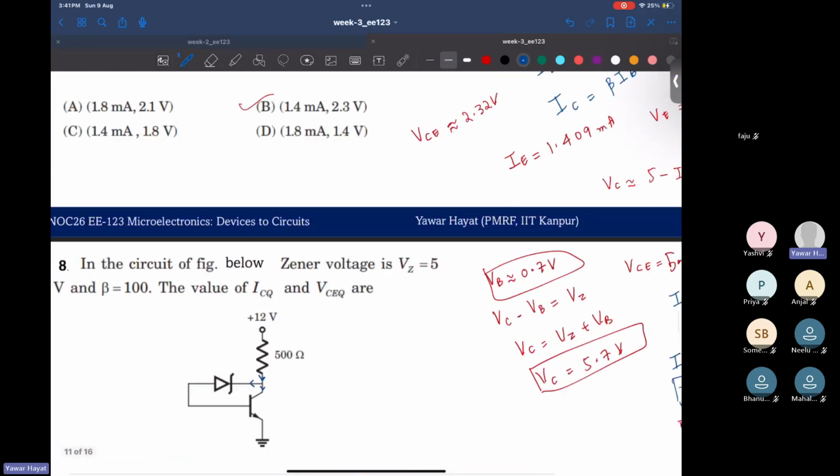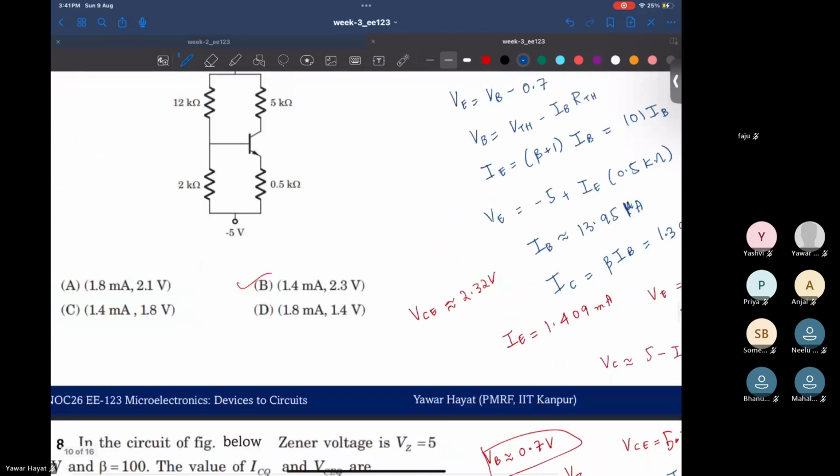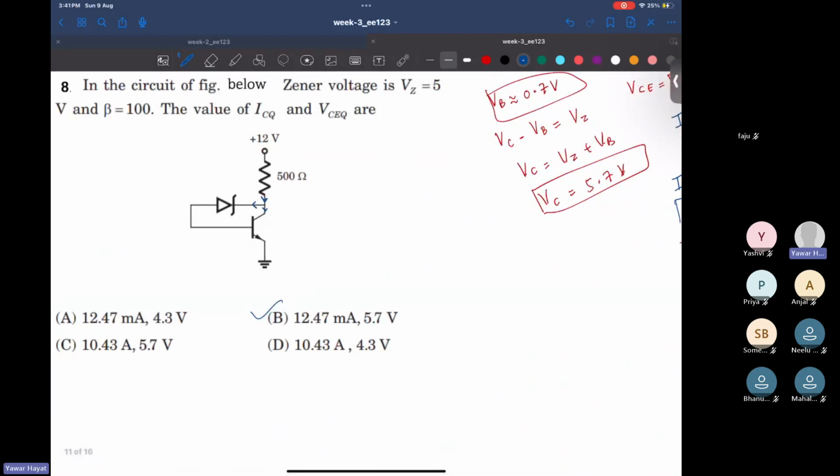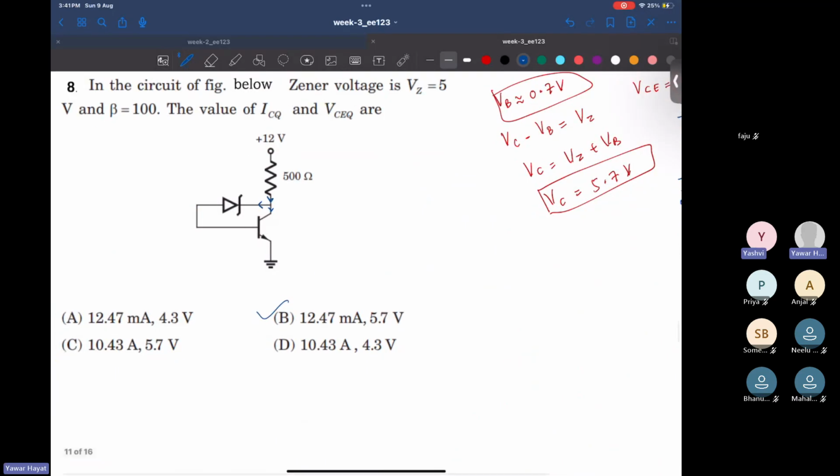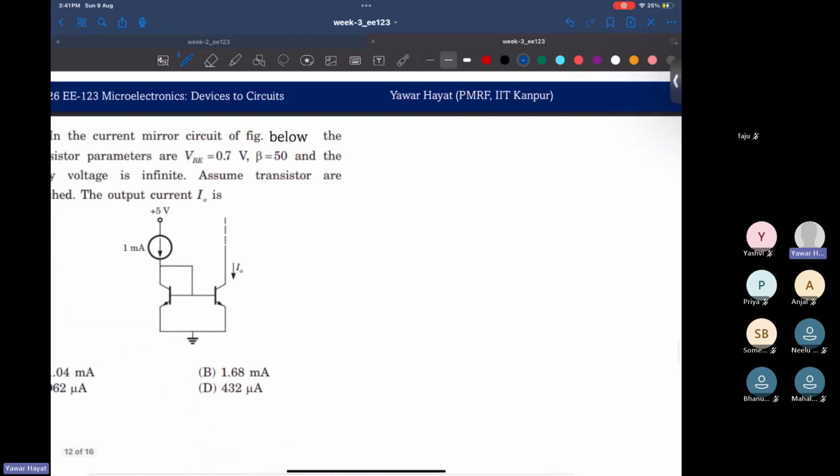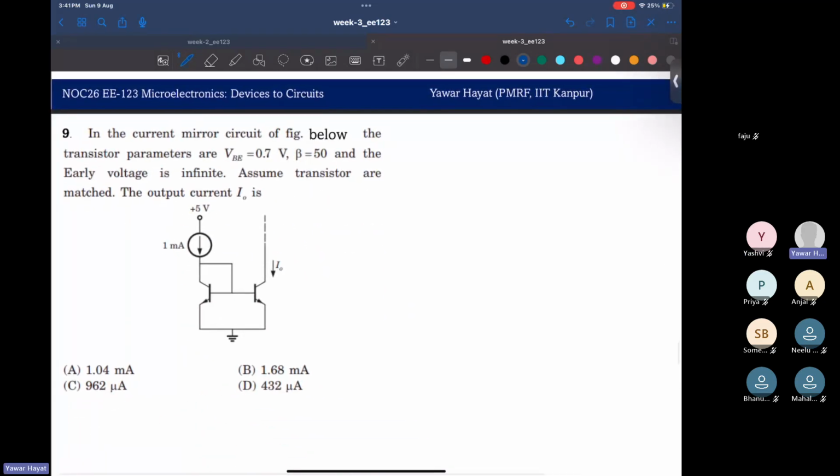Is this fine so far? Any questions? Okay. So now this one. In this current mirror circuit, the transistor parameters are, again, VBE you can take as 0.7 and beta you can take as 50.